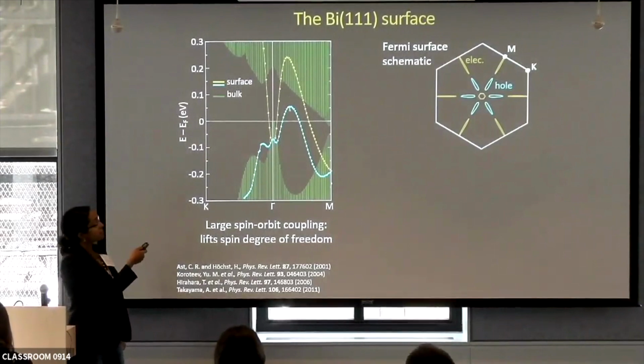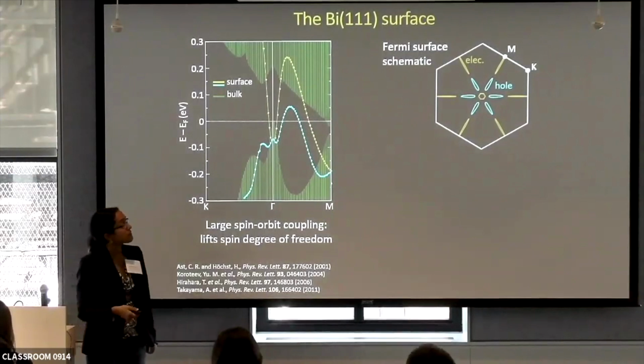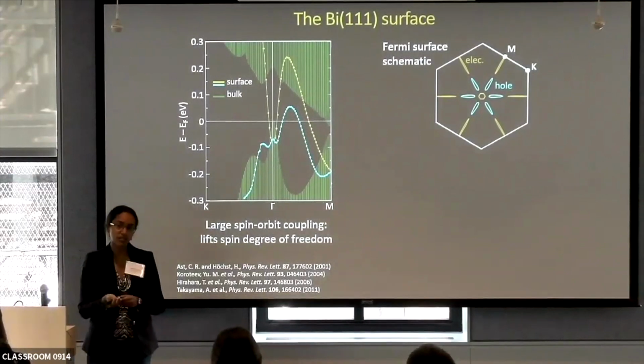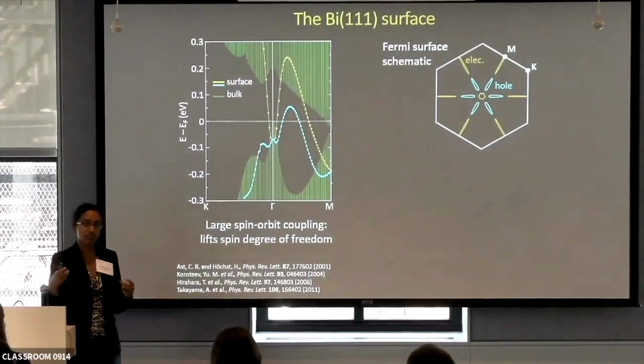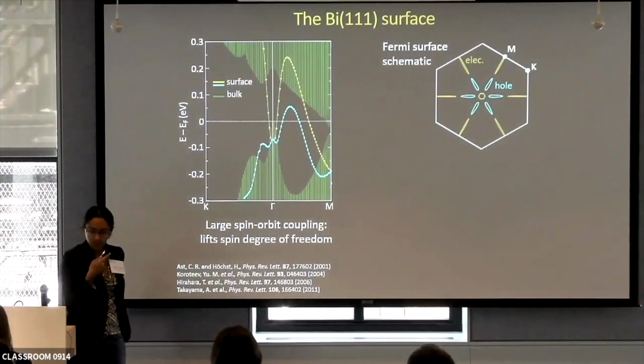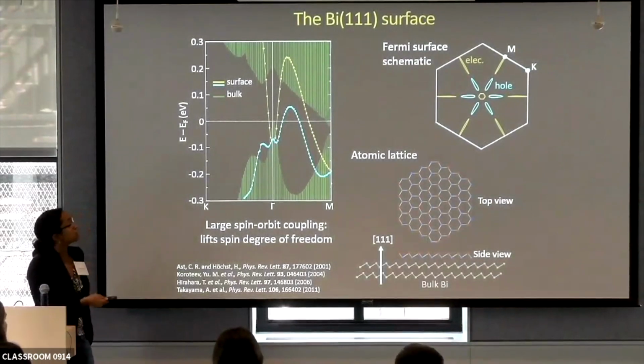And I'm primarily going to focus on the pockets that come from this blue band here. These are 6 anisotropic valleys labeled as hole valleys based on this band here. And these valleys should remind you of the model nematic system that I was talking about, some anisotropic valleys. But there are also other pockets coming from some of the other bands in the material. And if you look here, the bismuth lattice has some threefold rotational symmetry.